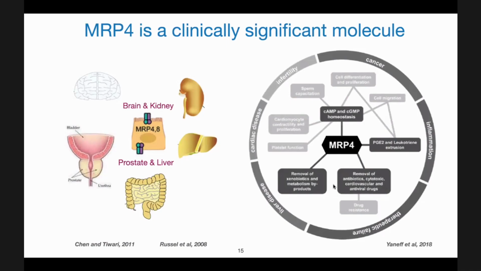So it can be involved in drug resistance and other diseases like cancer, cardiac diseases, liver disease, and inflammation processes. Because it can efflux lots of chemotherapeutic drugs, it can also lead to chemotherapeutic failure, especially in cancer. So these are the reasons that make MRP4 a very clinically significant molecule.